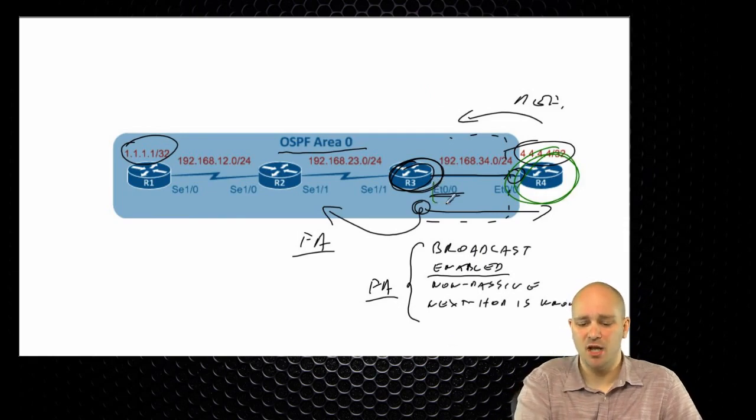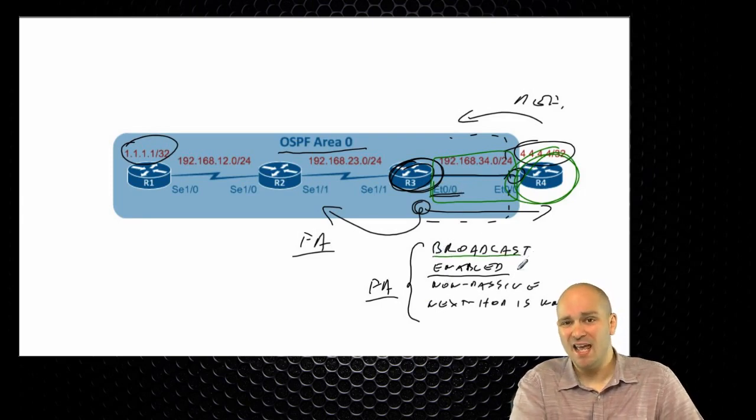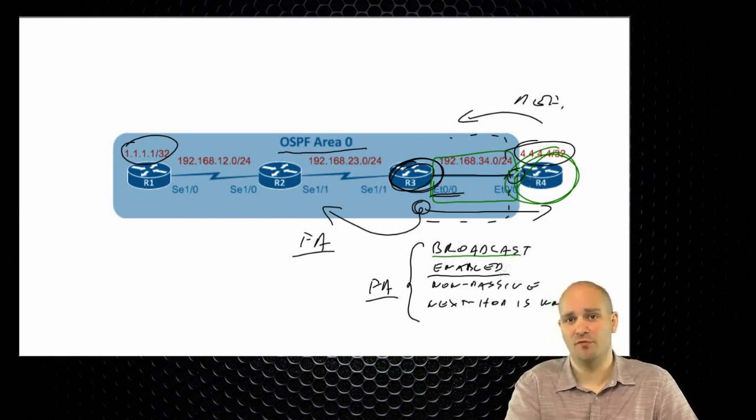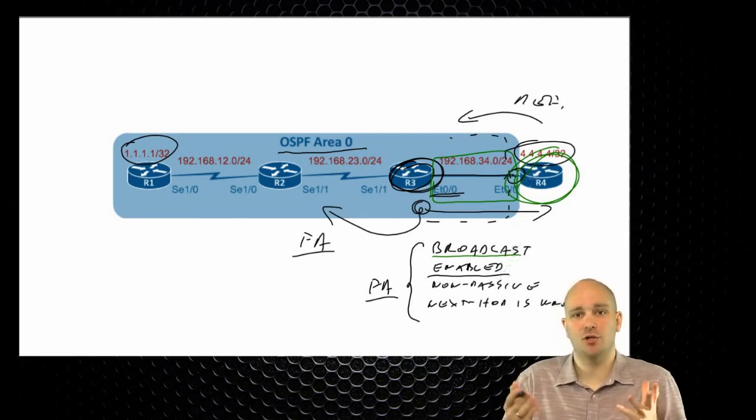So anything that we change on this interface on R3 is not going to make any difference from the perspective of R4. So even though OSPF is turned on, even though the interface is actually broadcast, any of these changes would make no difference on R4 because they will not alter behavior in any way as far as R4 is concerned. So these features might be enabled, but they are not actually operational.